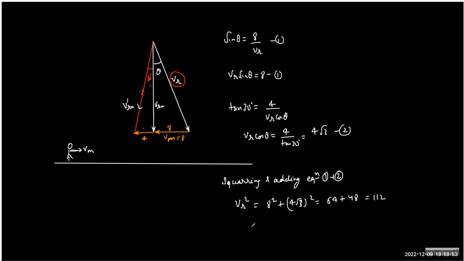I think 112. What is VR then? So how much is this? 112. It's 4 root 7. Yes, sir. 4 root 7.